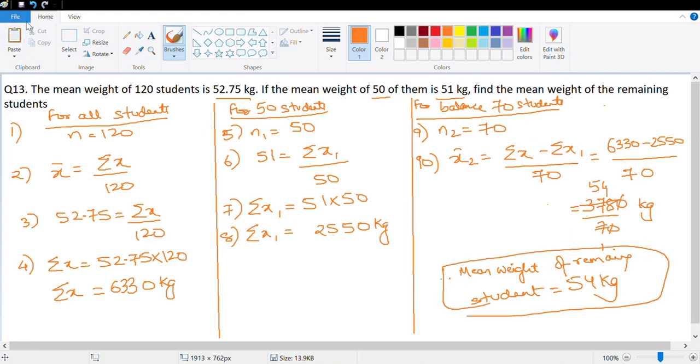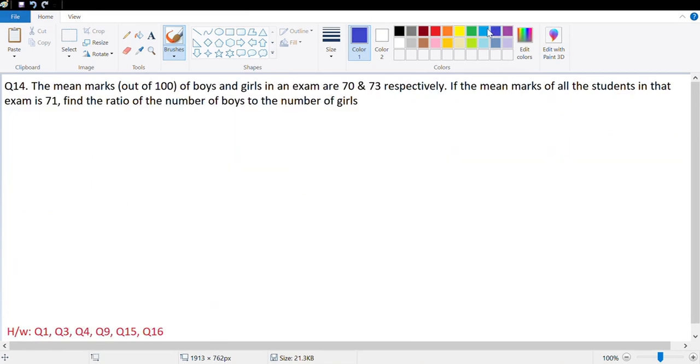Good, that brings me to the last question of this exercise, question number 14. It says the mean marks of boys and girls in an exam are 70 and 73. So the mean marks of boys is equal to 70. The mean marks of girls is equal to 73.